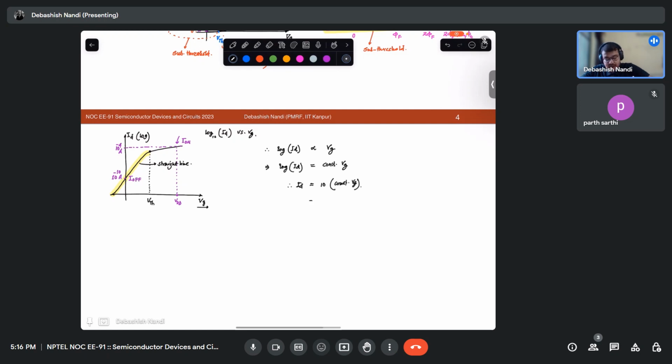You can take this as exponential of some other constant, let's say constant 1, times VG. You can manipulate this, it is pretty easy. So now you see you have a relation: ID proportional to exponential of VG times some constant.